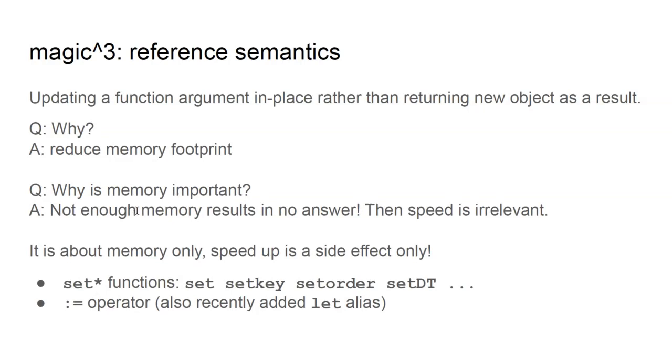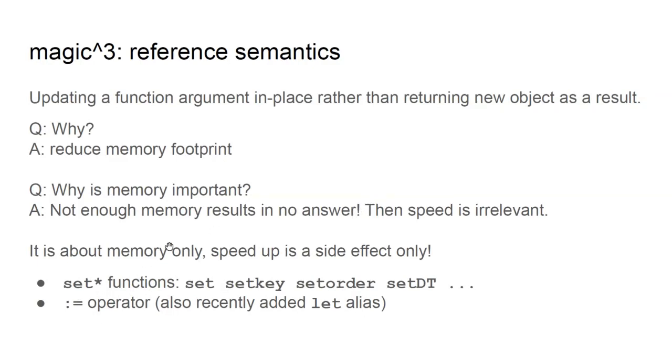Because if we don't have enough memory, we will not get any answer at all. And then even slow answer is better than no answer. So if we don't have enough memory, we have to go to databases or on disk formats, which most often will be slower, not always, but most often will be slower. And we will have to employ another tool in our tool stack.